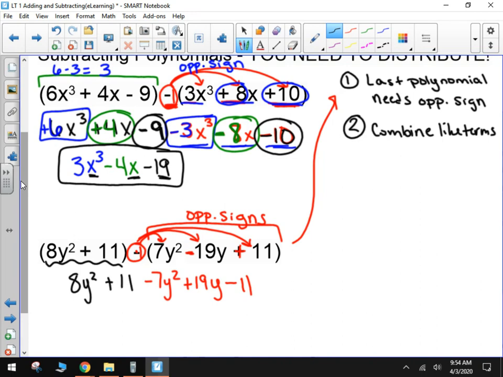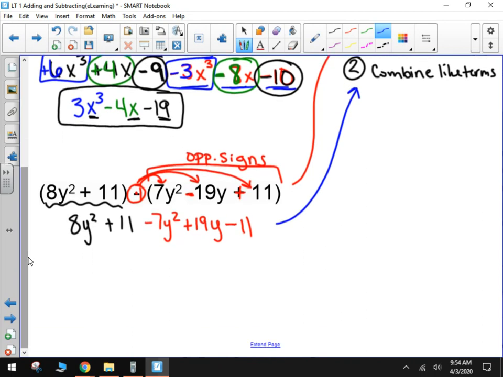Now I can do step 2 and combine like terms. My first term has a y squared. So I look for another number that has a y squared, and I see -7y squared. So I'm going to do 8 minus 7. So 8 minus 7 gives me +1. So I have a +y squared or 1y squared, however you want to write it.